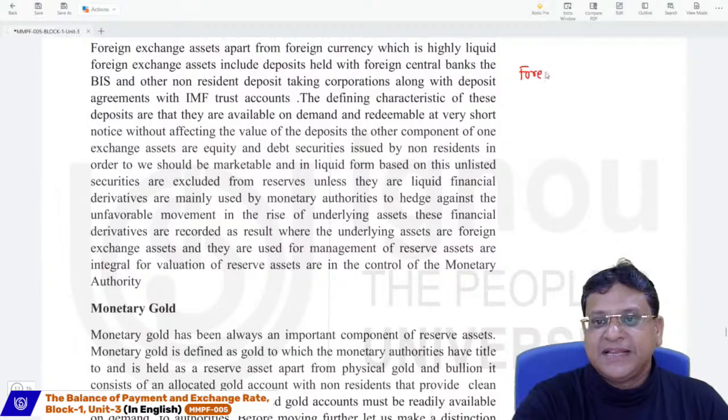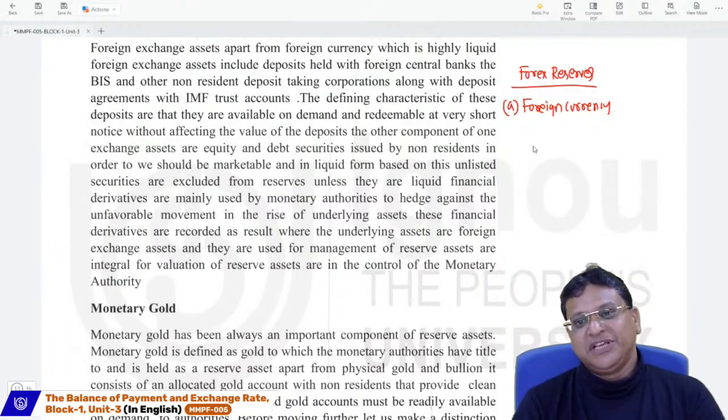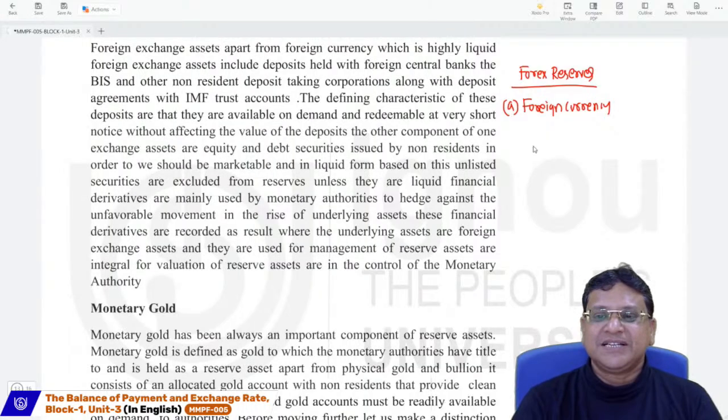What are the four forms of forex reserve? One is foreign currency. The official reserve of a country consists of foreign currency, such as US dollar reserves, euro reserves, yen reserves. These are foreign currency reserves.